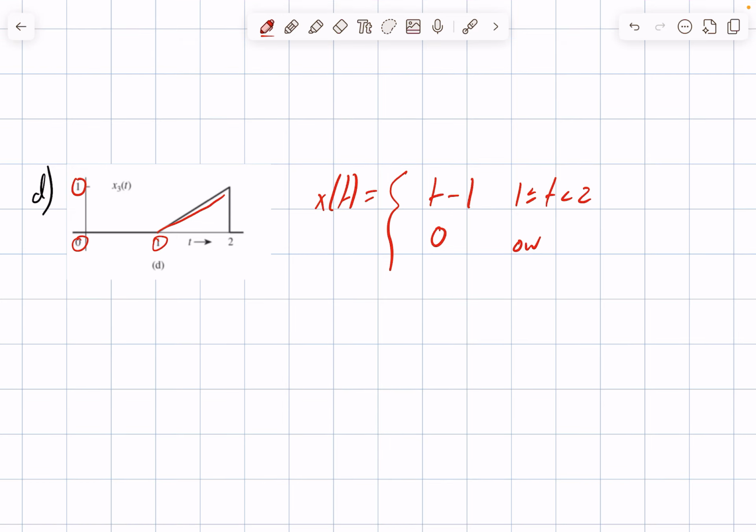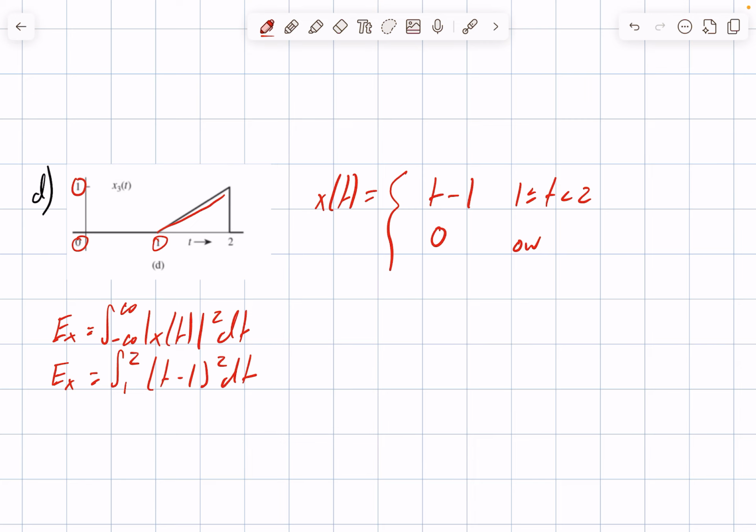So go ahead and plugging in what we have here. We have the energy formula. So we can say E is equal to the integral from 1 to 2 of (t minus 1) squared dt.